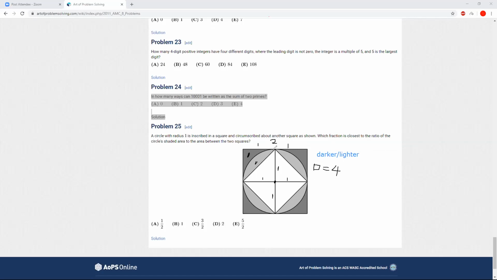The area of this circle is pi r squared, and since the radius is 1, it's just equal to pi. So the darker region is simply 4 subtracted by pi.